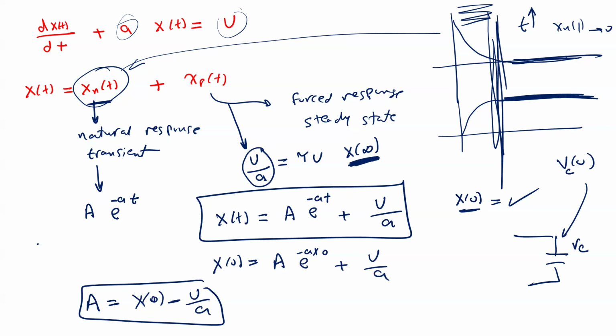So I can also say this equation becomes A equals x of 0 minus x of infinity, because the steady state is similar to x of infinity. Okay, guys, any questions?